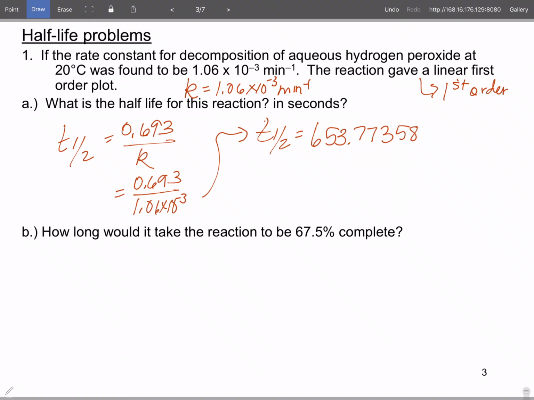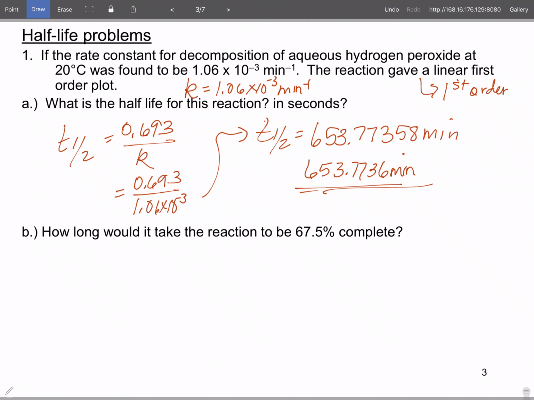And the minutes came to the top, so 653.7736 minutes. On this one, I have to keep 4 places after the decimal.